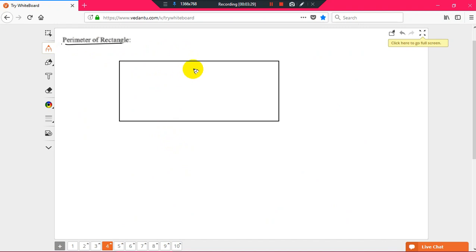In every rectangle, the common thing is that opposite sides are equal. So the length will be equal and the breadth is also equal. If the length is L and breadth is B, opposite sides are equal.